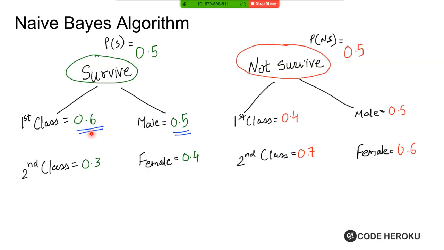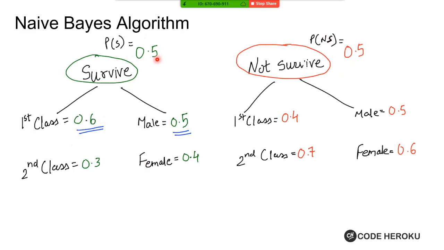Now we know the outcomes of the Titanic event, right? So we know which passengers survived and which passengers didn't survive. So what we could do is look at all the passengers and come up with these numbers over here. Let's say this is the overall probability of a passenger surviving and not surviving. Over here we are seeing that there is a 50-50% chance.